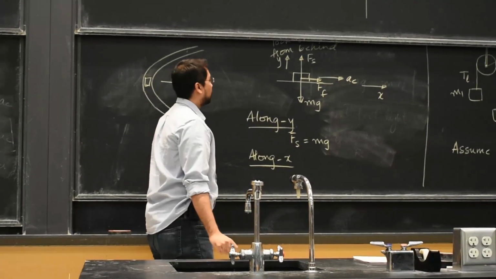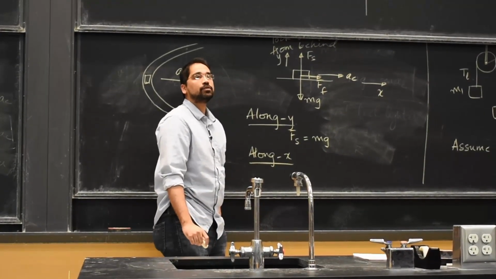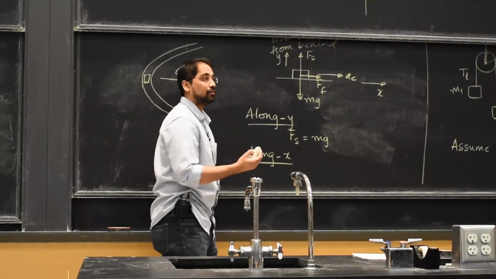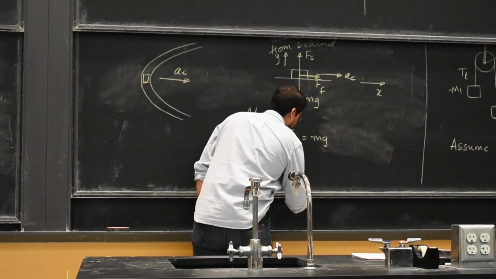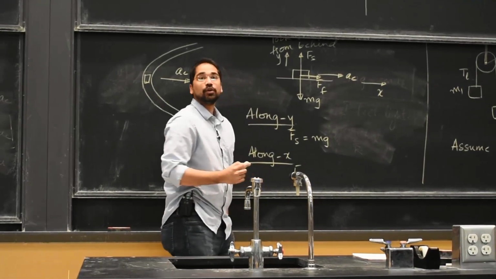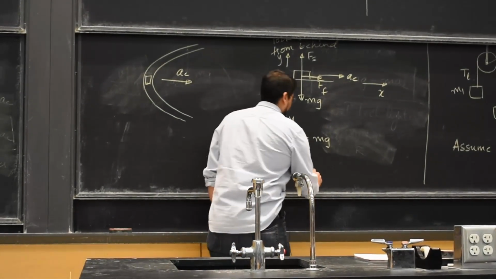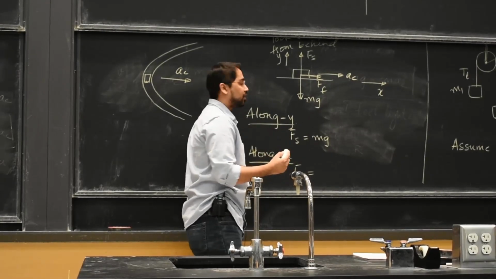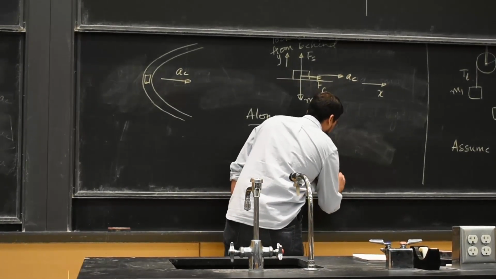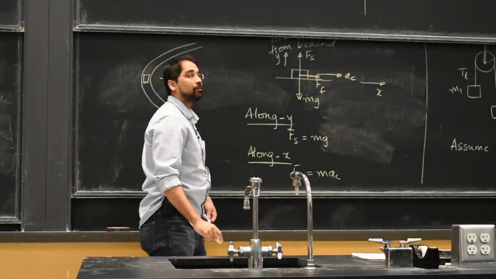And along x, what are the forces I have? Friction. It's really the only force. What is the acceleration? It's a_c. So friction must be equal to m a_c.